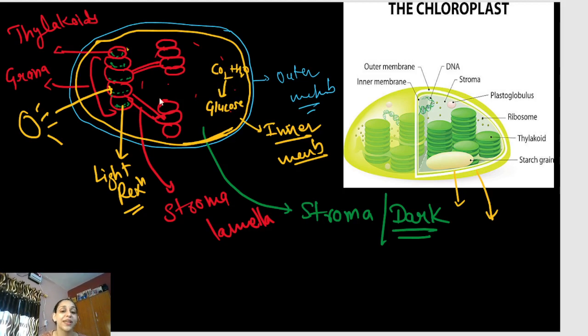So ग्लूकोज बनाने के लिए उसको क्या चाहिए? ATP. अब ATP कहाँ से आएंगे? The reaction CO2 plus H2O form glucose is known as C3 cycle.